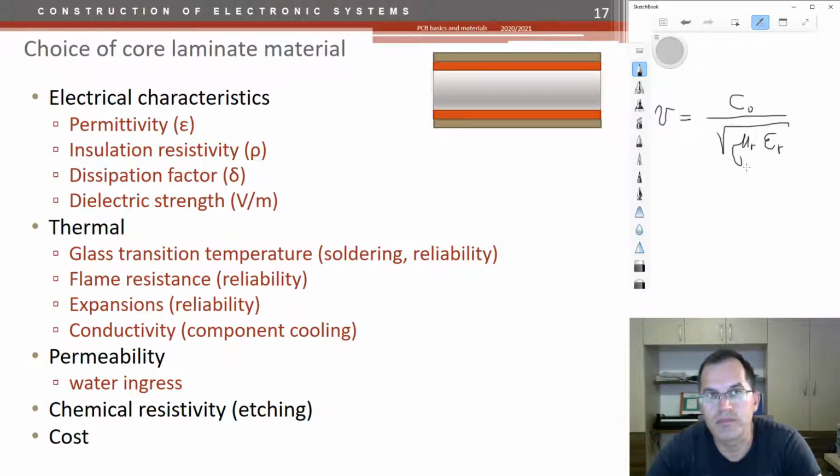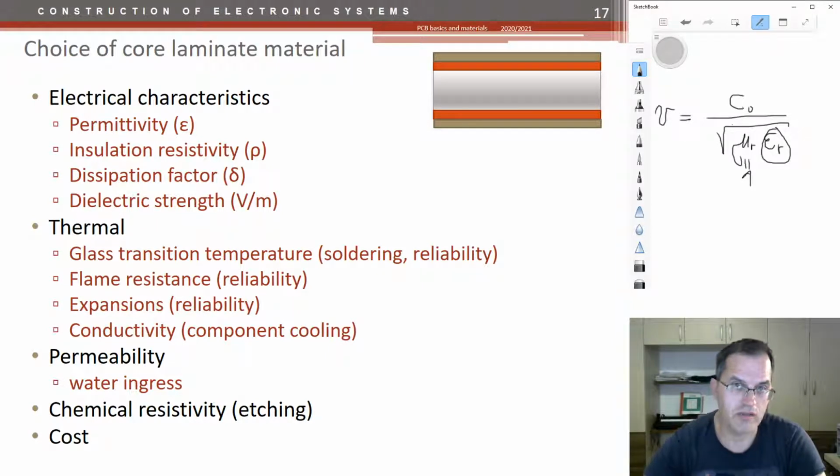Since the relative permeability is almost 1 in these dielectric materials, the permittivity is the important factor. And that one should be as low as possible to achieve higher propagation speeds for electrical signals. Therefore this is an important property.